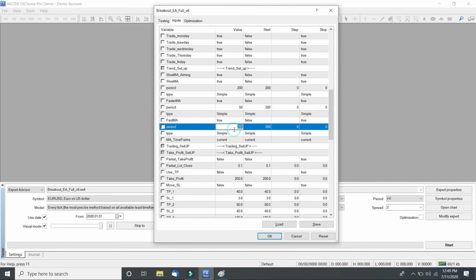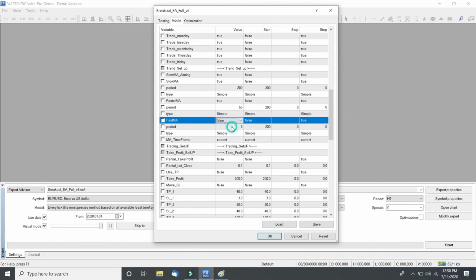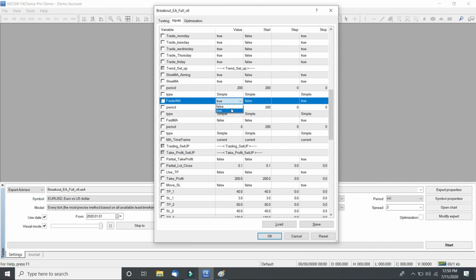So we want to set this one on 8. You can select all of them or you can select only one. You say no, you say no. If the price is above 200, it will only buy. If it's below 200, it will only sell. So I'm going to change this 200 to 100.